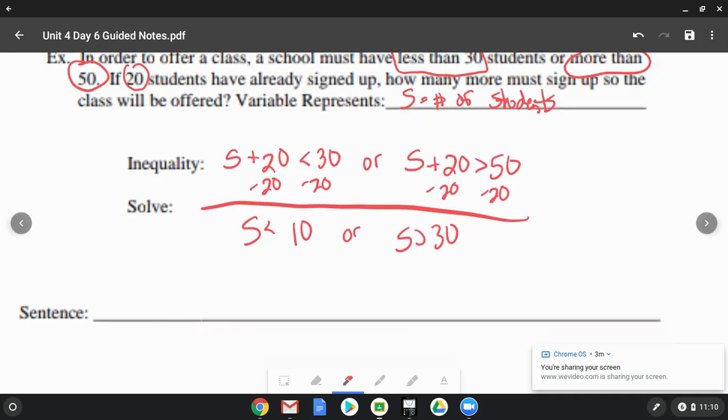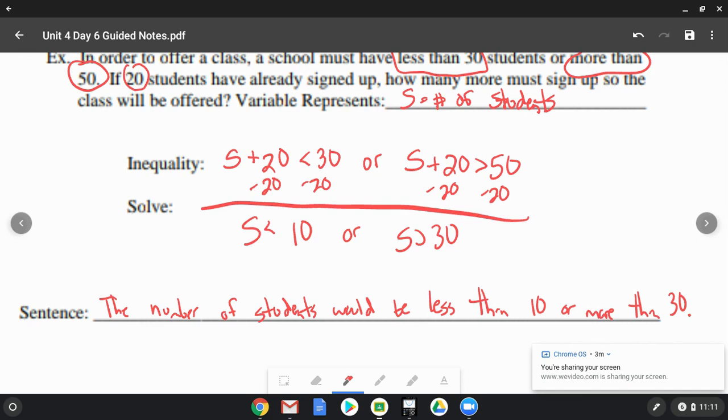All right, so for the sentence that we're talking about, we would just describe what we just wrote down. So the number of students would be less than 10 or more than 30.